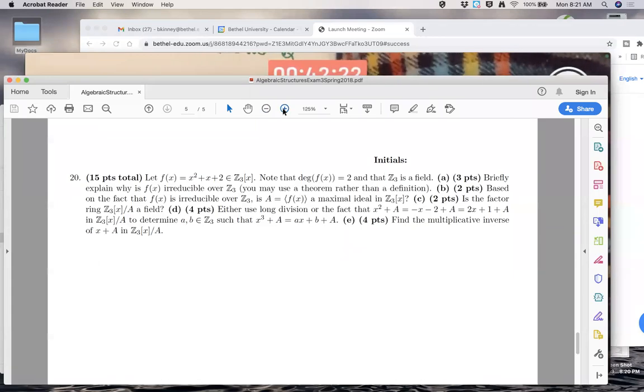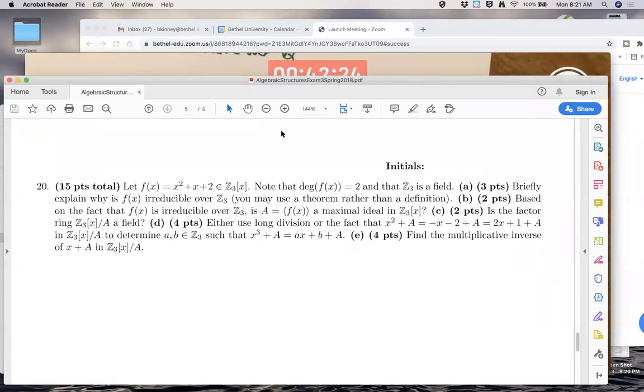Let's look at this one next. Okay, so we're starting here with a quadratic in Z3[x]. Z3 is a field. Briefly explain why f(x) is irreducible over Z3. Hey, the degree is 2.